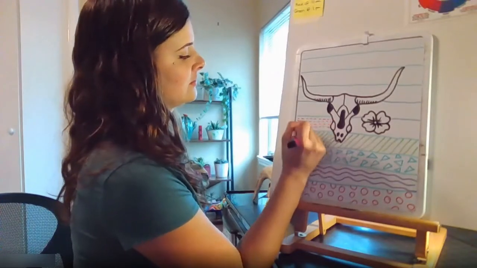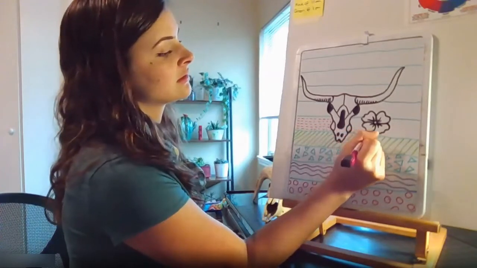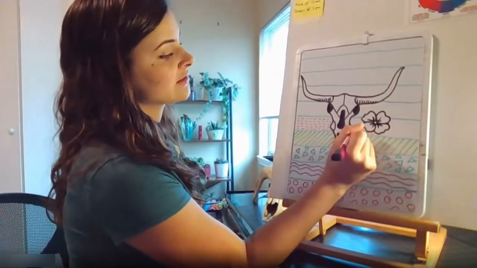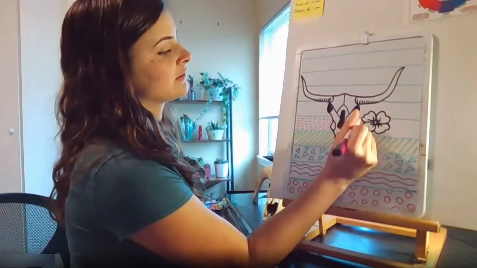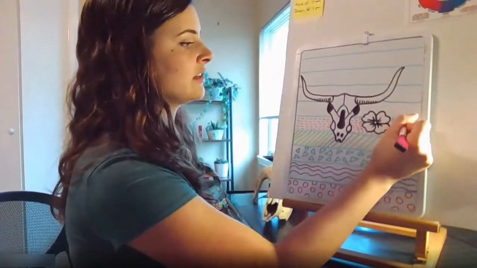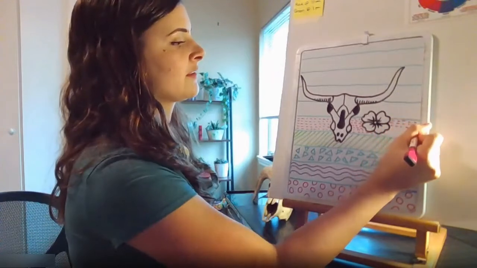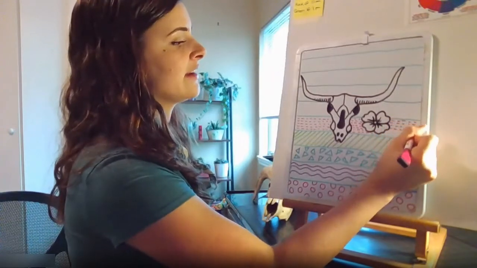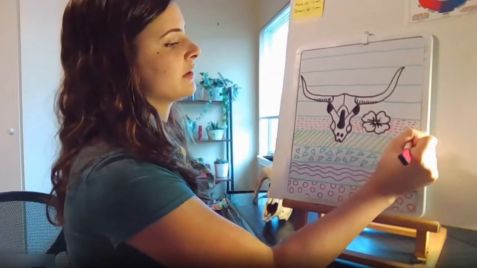I might do a cow pattern for my next one. And my next color, I'm going to use purple, because that's what I used after pink the first time right here. So I'm kind of starting over with my color scheme and using the same order that I started with. So I'm not only making patterns with lines and shapes, but I'm making patterns with my colors as well.